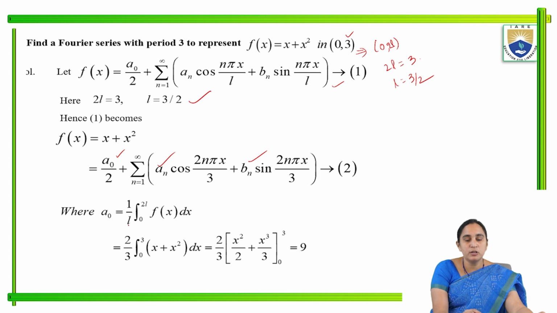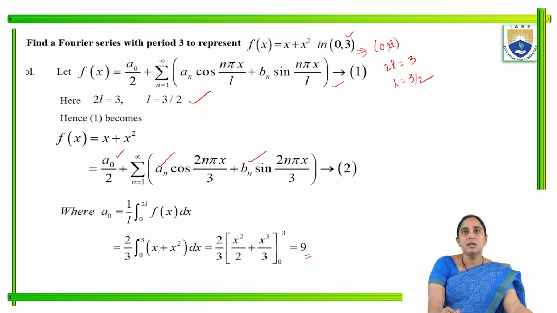What about a naught? a naught = 1 by L into integral 0 to 2L f(x) dx. L is 3 by 2, and 2L means 3. That is integral 0 to 3 of (x + x square) dx.